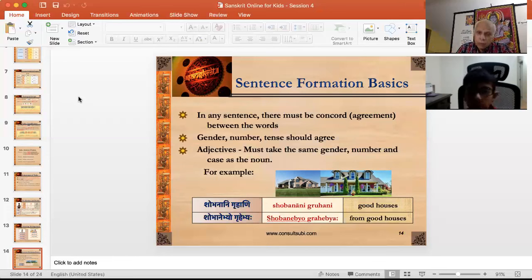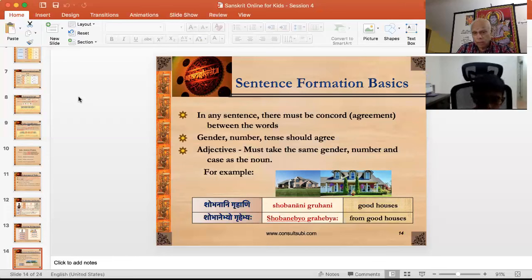Similarly, adjectives also must agree, must take the same gender, number, and case. For example, if you say it's a beautiful house, a good house or good houses, you say Shobhanani Grihani. The adjective is also like a subject. Same thing if you say from good houses is Shobhanebhyo Grihebhyaha.